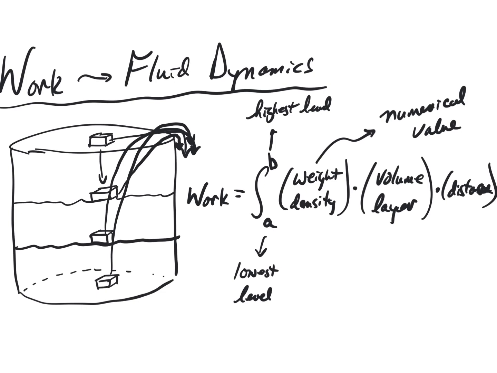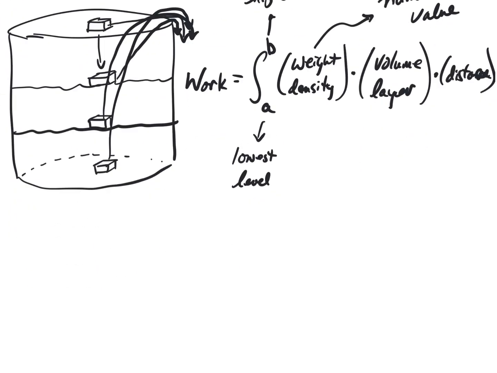And then for sure, the distance is going to have variables involved because the distances change as we evacuate liquid from any tank. Okay, so feel free to pause the video to make sure you get the basic idea down for calculating work. Otherwise, I'm going to move on to the first example.